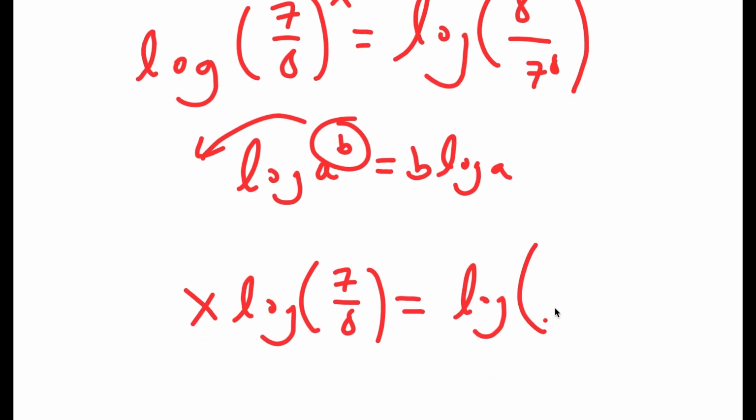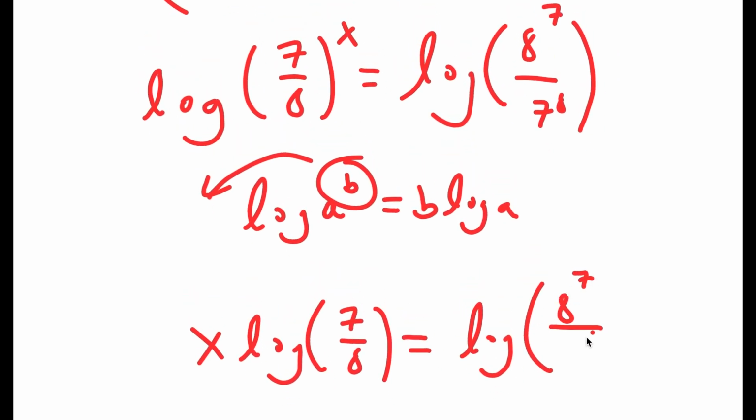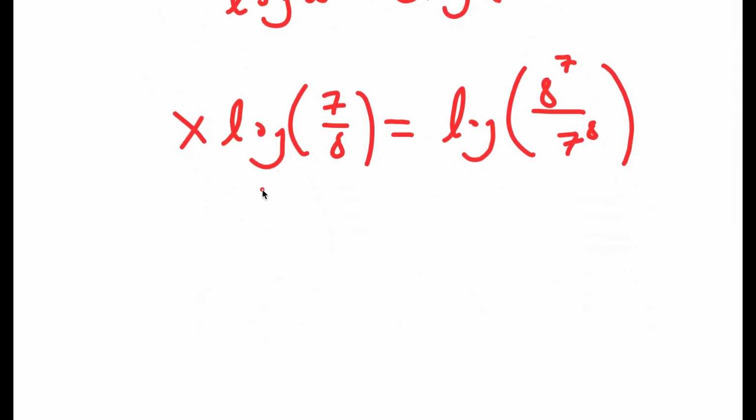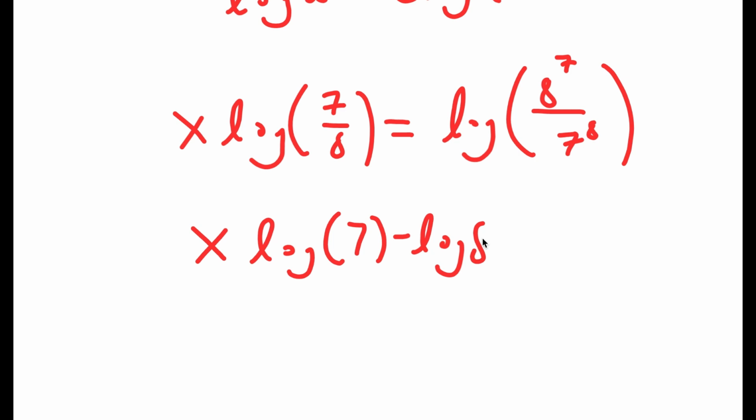log of 8^7 over 7^8. Now, log 7/8 is the same thing as log of 7 minus log 8.